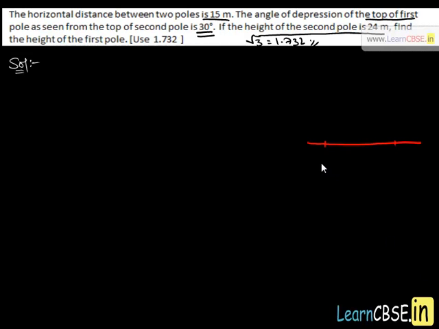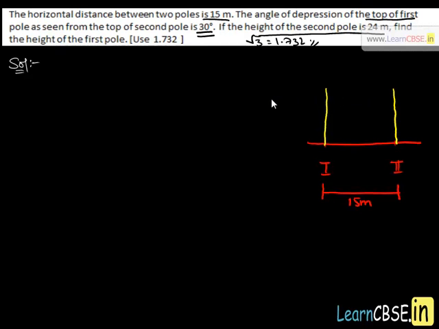Now consider the two poles, first pole and second pole. In the beginning, we are given that the distance between the two poles is 15 meters. We initially don't know which pole is higher or which is smaller.